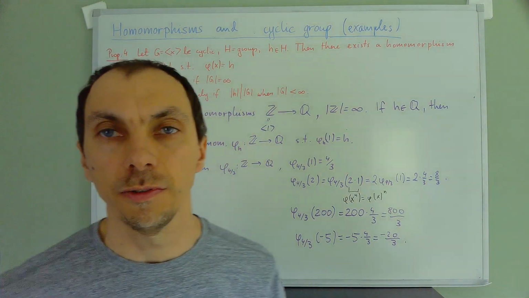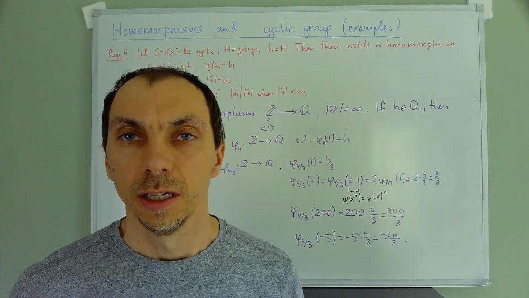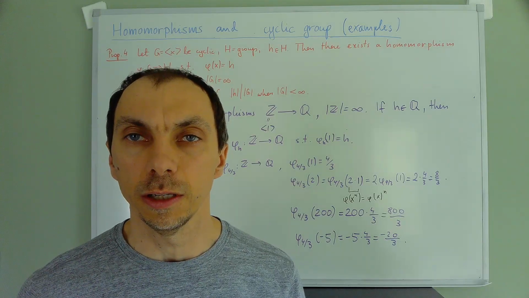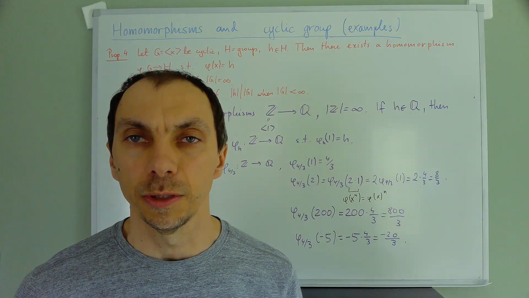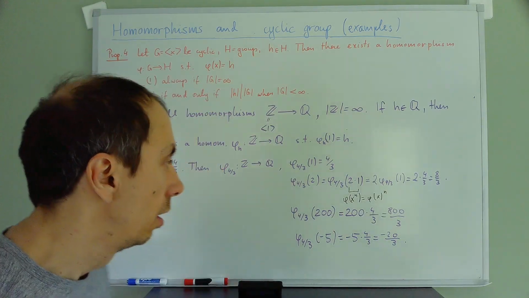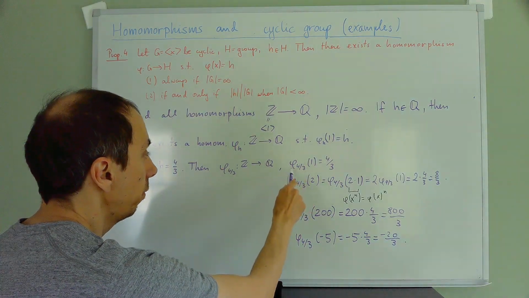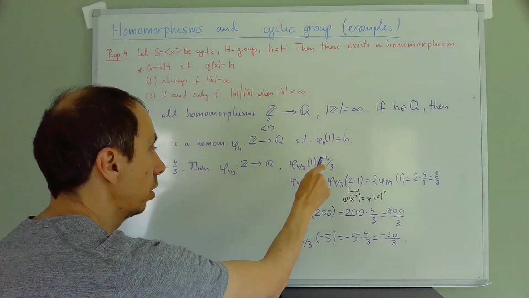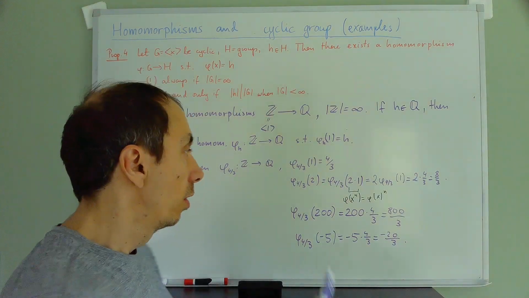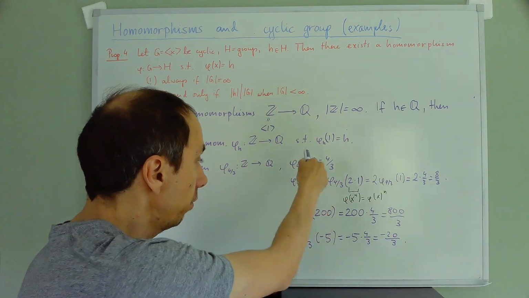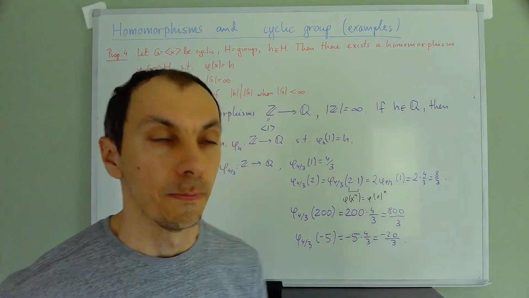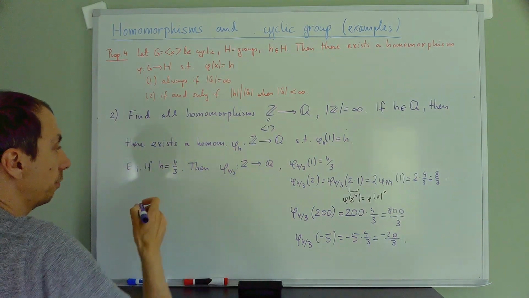This is, of course, just a reflection of the fact that a homomorphism from a cyclic group is completely determined by what it does to a generator. This homomorphism phi 4/3 sends the generator to 4/3. So, given this information, I can compute every other value of this homomorphism. And for every rational, we have a different homomorphism.